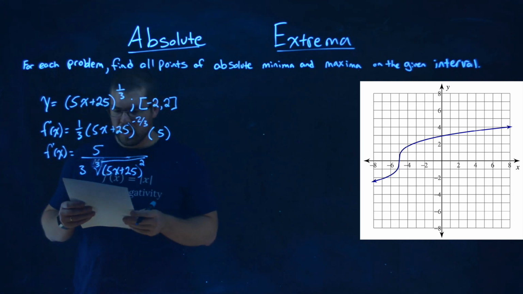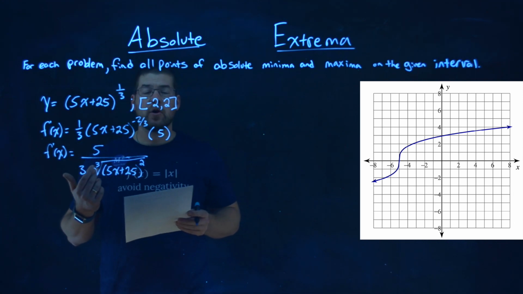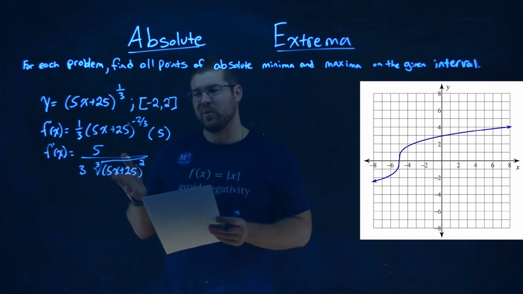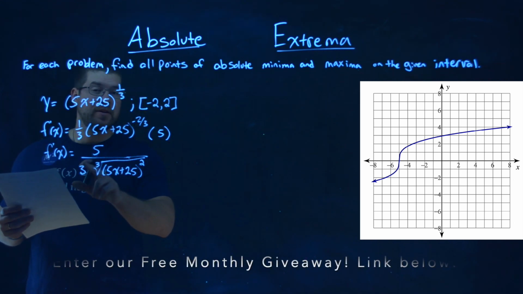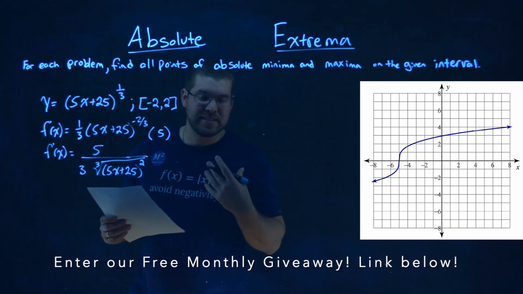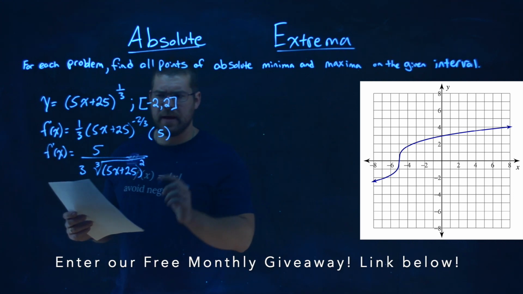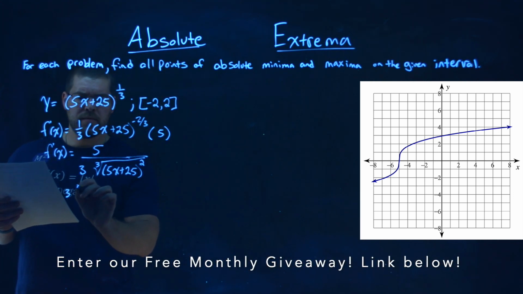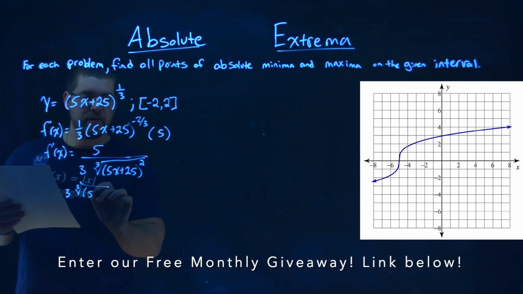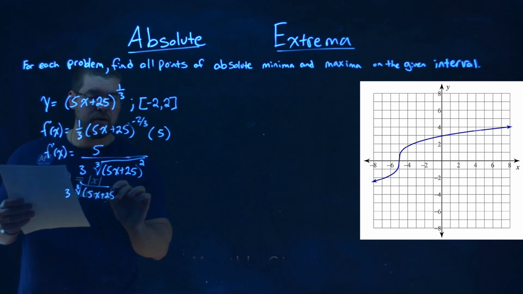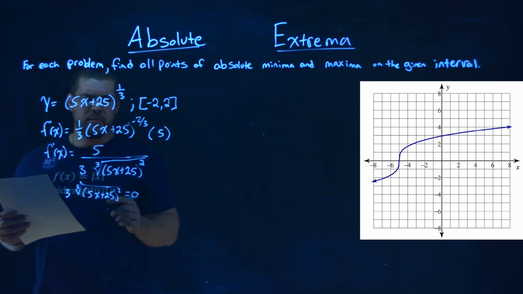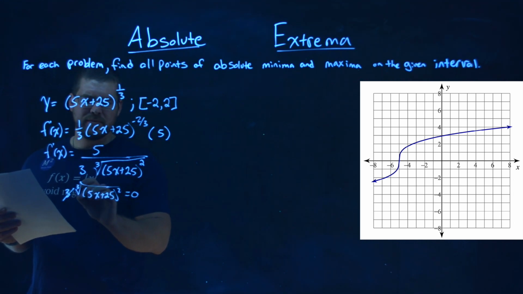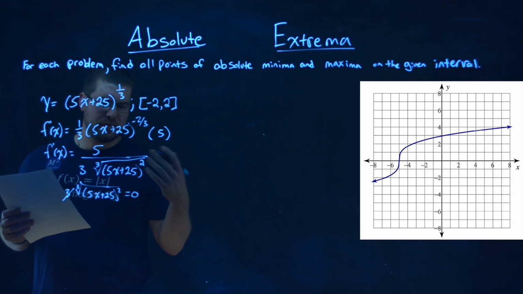Alright, so now we want to find our critical values, and this happens when we're undefined or when it's equal to 0. Well, really the only thing happens when our denominator is equal to 0, which makes it undefined. So let's find out where that happens. 3 times the third root of (5x plus 25) squared equals 0. Well, luckily, right off the bat, divide both sides by 3, 0 divided by 3 is just 0.